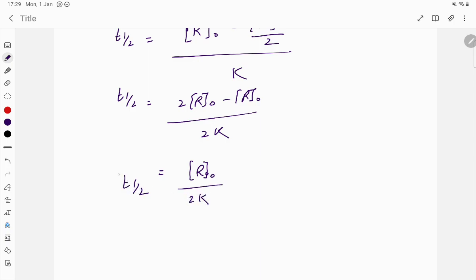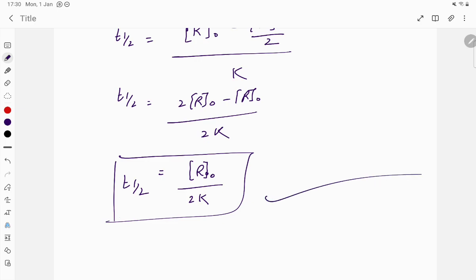So t1 by 2 is equal to R naught upon 2k. This is the half life period of the zero order reaction.